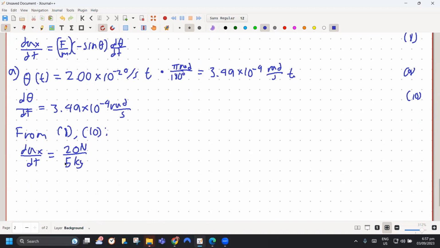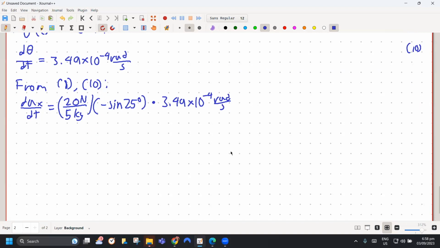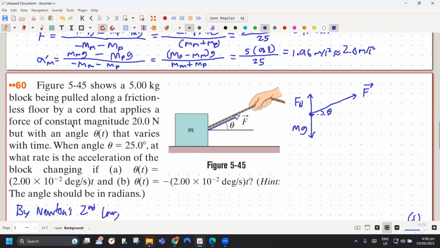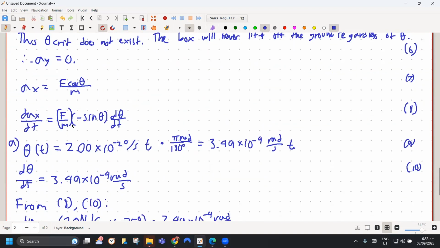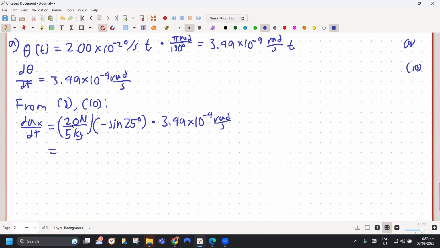So newtons, and then negative sign of 25 degrees. The theta of t is the same for A and B. If there's a negative, there's a negative. Okay, sige. So it just changes the sign.